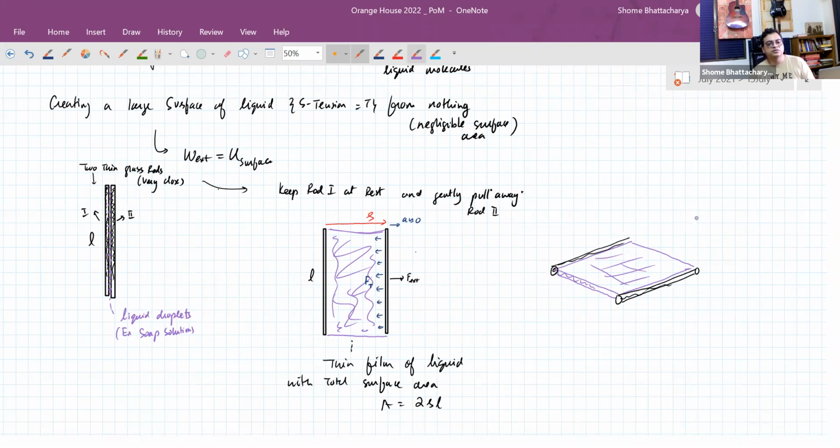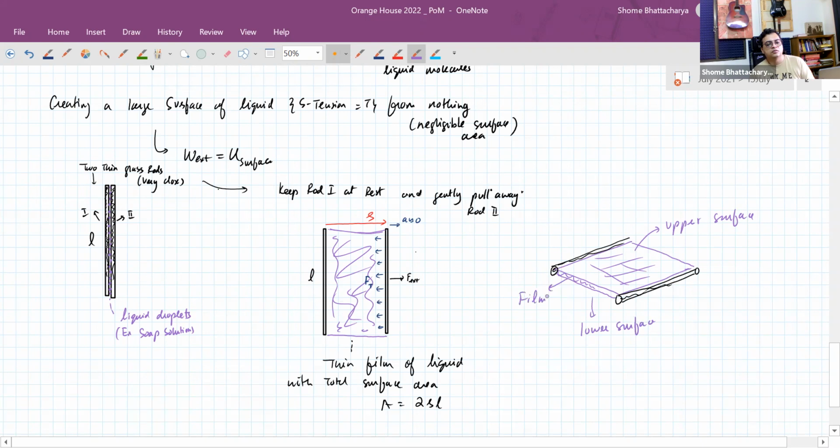It's got an upper surface, it's got a lower surface, and this is the film of liquid. The film of liquid will have a thickness typically of at least a few microns, or maybe hundreds of microns, whereas the surface is extremely thin.